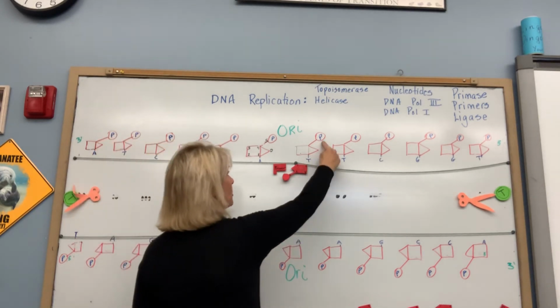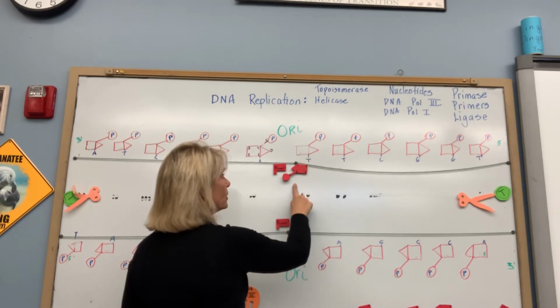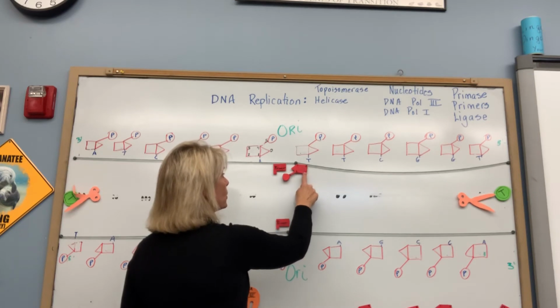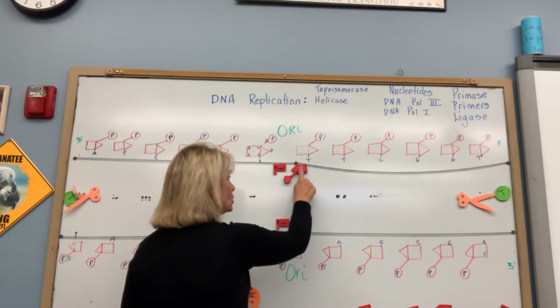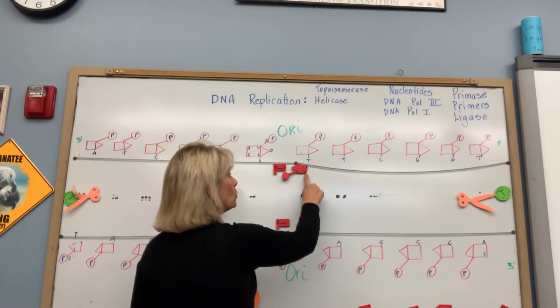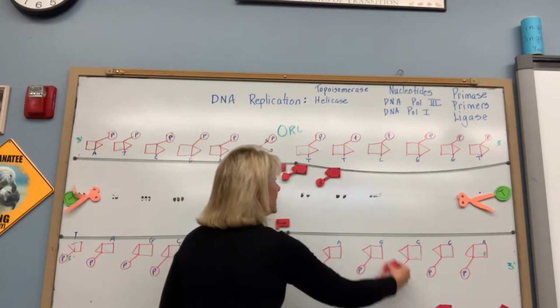Remember, they are anti-parallel. They have to run in opposite directions of one another. Notice the carbon positions, 1, 2, 3, 4, 5. So this nucleotide says, this is great. My 3' is open. I can add another nucleotide easily.